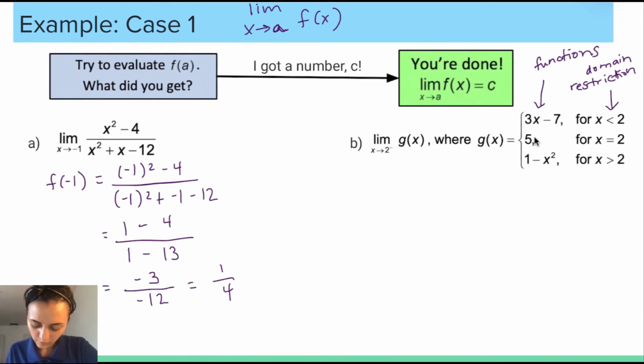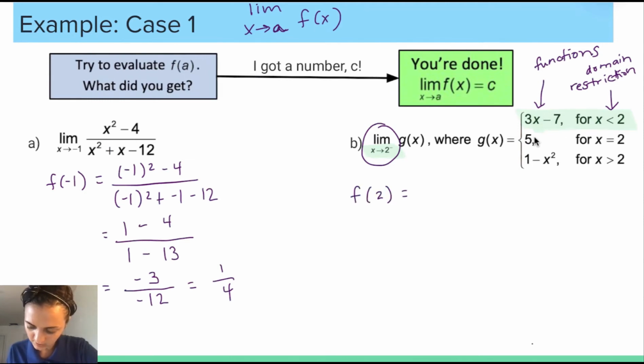So here it also is showing me that I'm looking at the limit as we approach 2 from the left. So that means we're coming from numbers less than 2. So I'm going to highlight this right here. So 2 from the left means we want numbers less than 2. So that is going to be the function that I use.